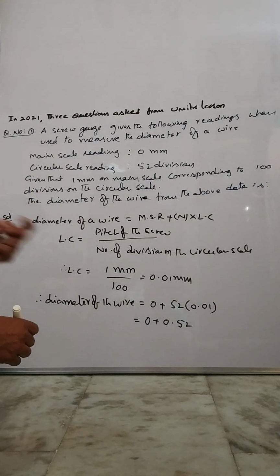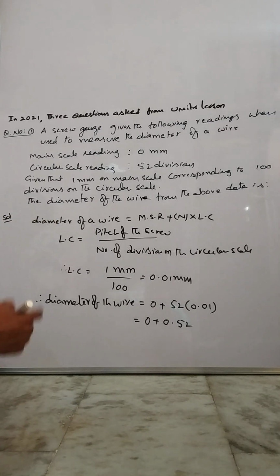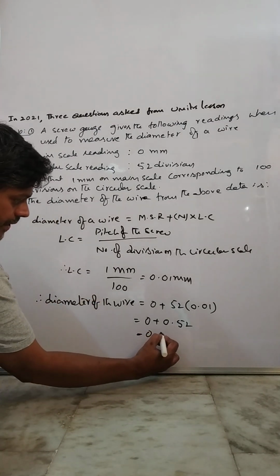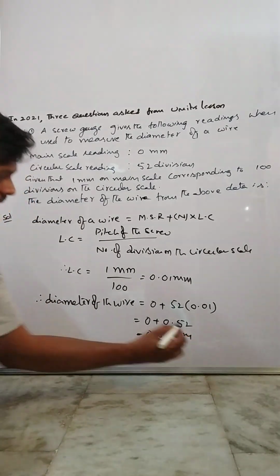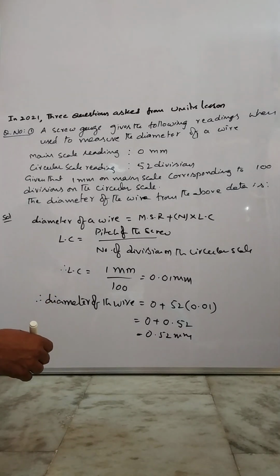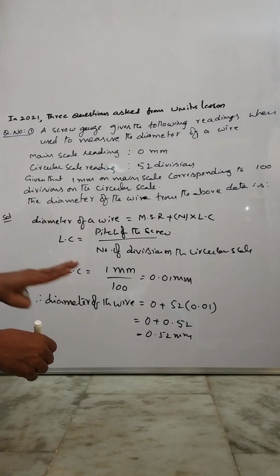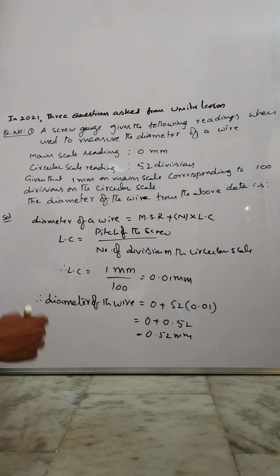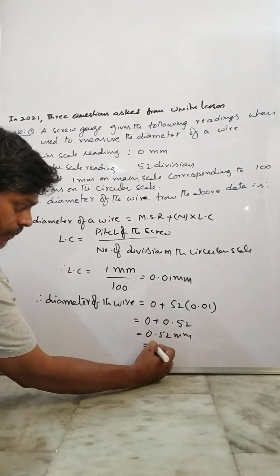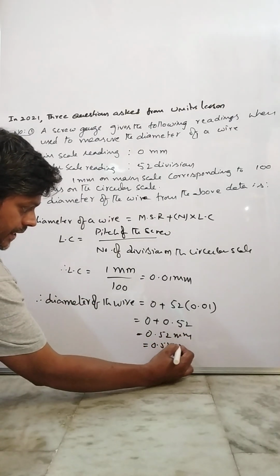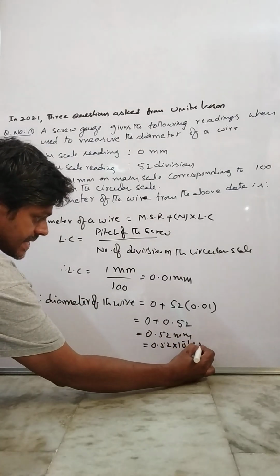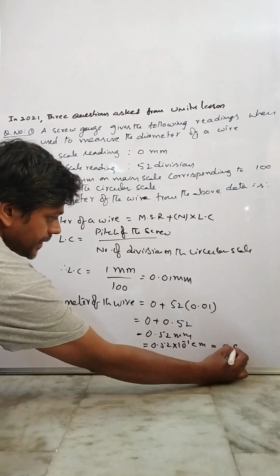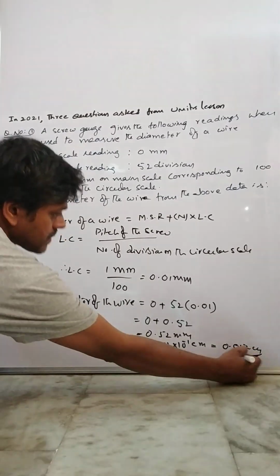So the answer is 0.52 millimeter. But if this question is asking in centimeters, how can we do it? It is multiplied by 10 power minus 1. So 0.52 into 10 power minus 1 centimeter is equal to 0.052 centimeter.